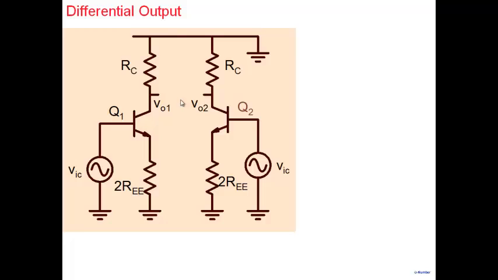Note something interesting. V01 is what we determined here, and V02 is on the other side here. Both are identical because of the symmetry. So if you take your output voltage between these two nodes, instead of between here and ground, then the output voltage turns out to be zero, which means it doesn't depend on VIC at all.